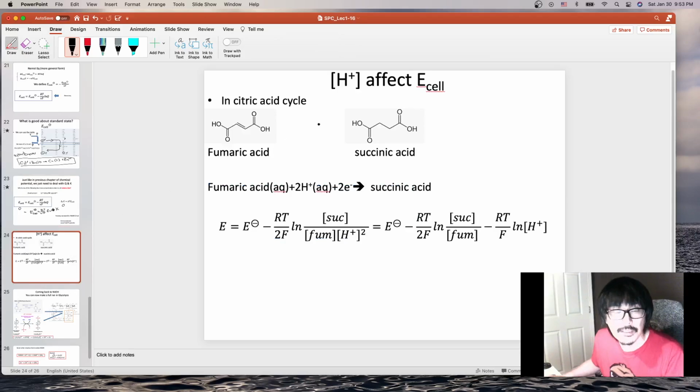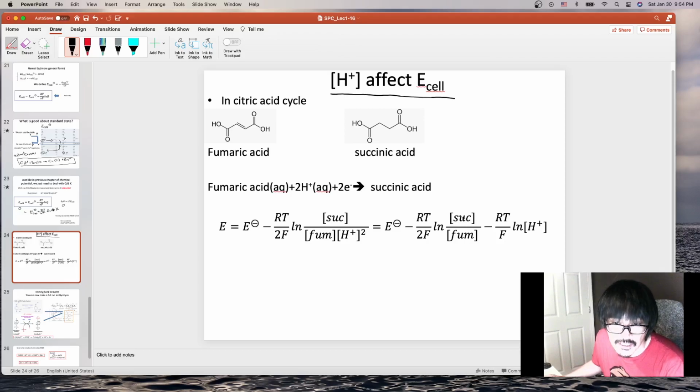The other thing I want to talk about is that sometimes the pH affects the E cell by a pretty big amount. So for conversion of fumaric acid into succinic acid, the half reaction is given like this. Then if you write the Nernst equation, you get this one, right? But H plus, that's pH dependent, right? So you calculate the H concentration and plug it into here.